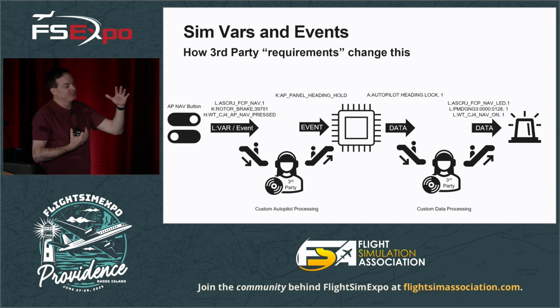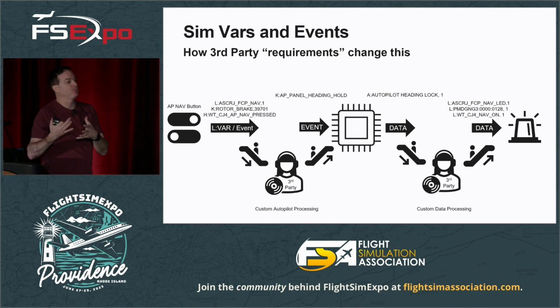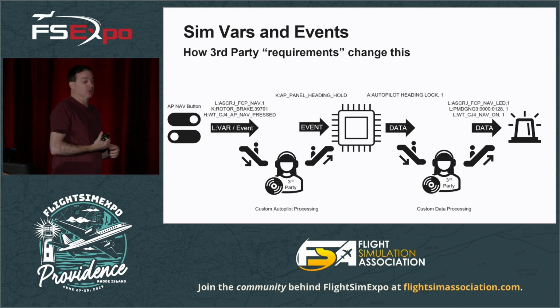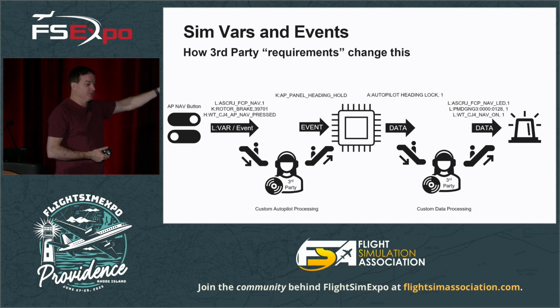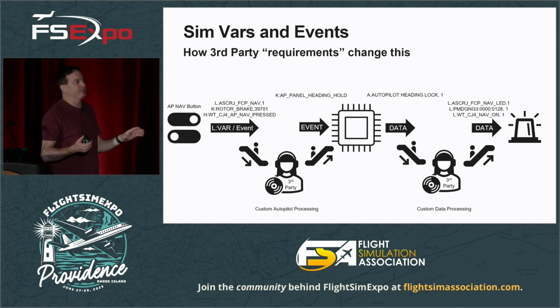So then they send an event to the sim, it processes the data, but again, they don't use the actual AVAR, they hide that, and then they process their own application, and they show you the data. So a lot of times, we have to send an LVAR. With the Aerosoft CRJ, for example, one of the first ones in 2020, they had LVAR events.